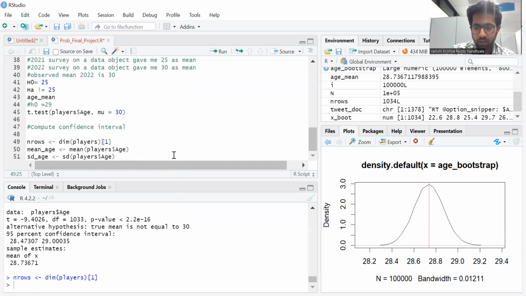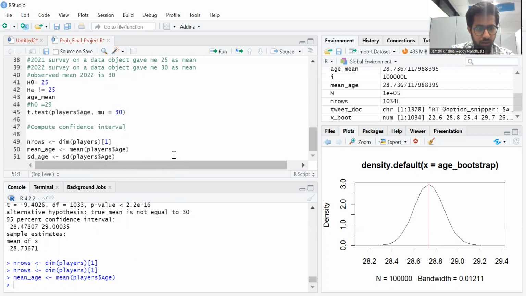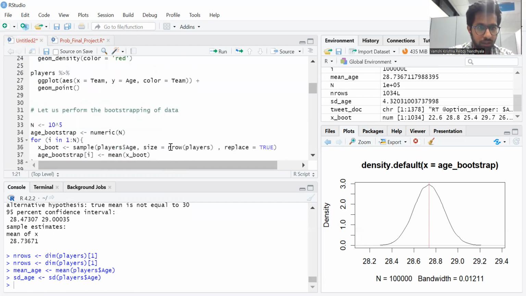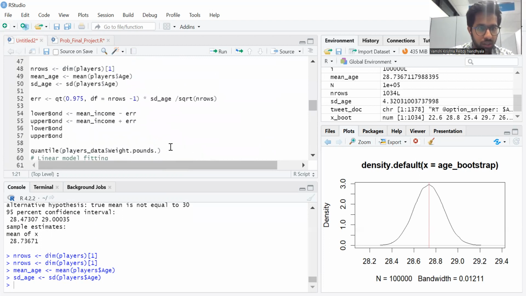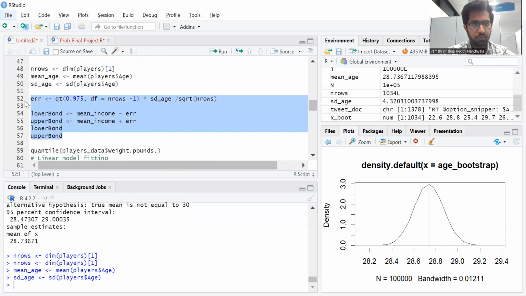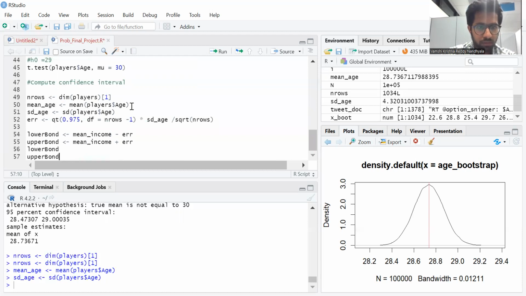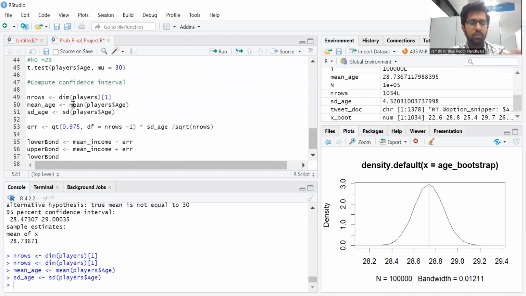Let me run these commands quickly one by one. I have the code handy on my other side. Let me bring that code here and paste it, Control C. Here, I'm getting the mean, standard deviation and number of rows that we have in our data set. I'm going to supply those to the formula qt.